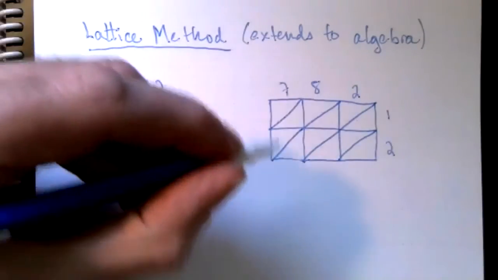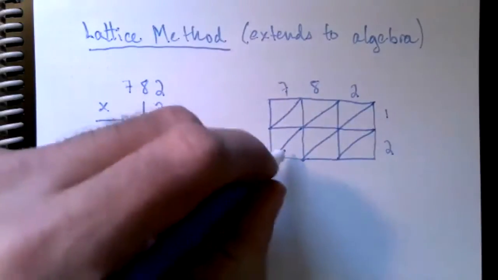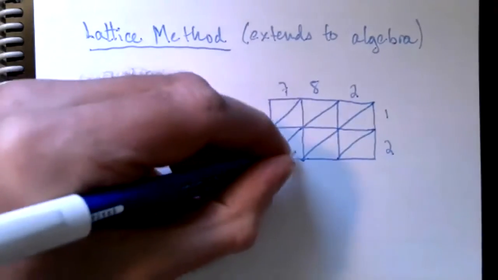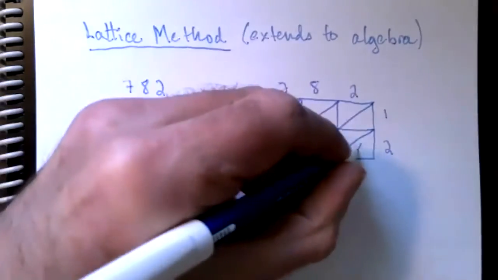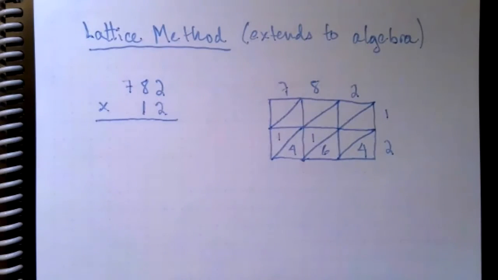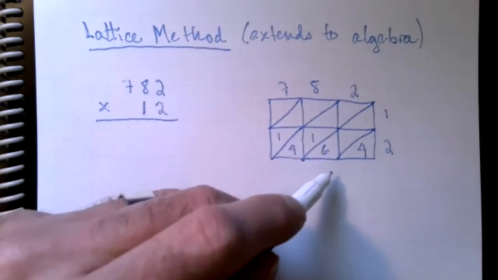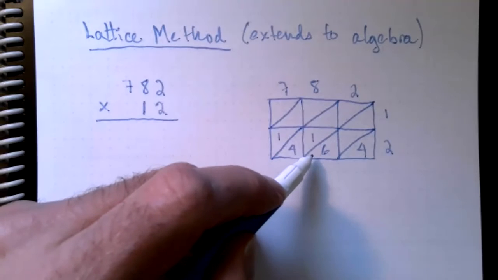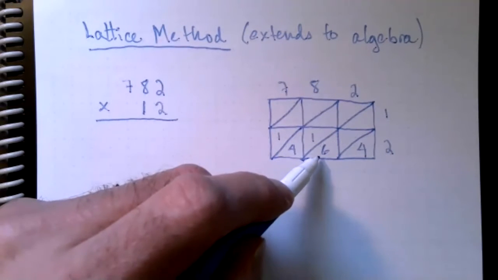All right. Now I'm going to put some numbers in these little boxes. Where do you think this is coming from? 1, 6, when you multiply 8 and 2.